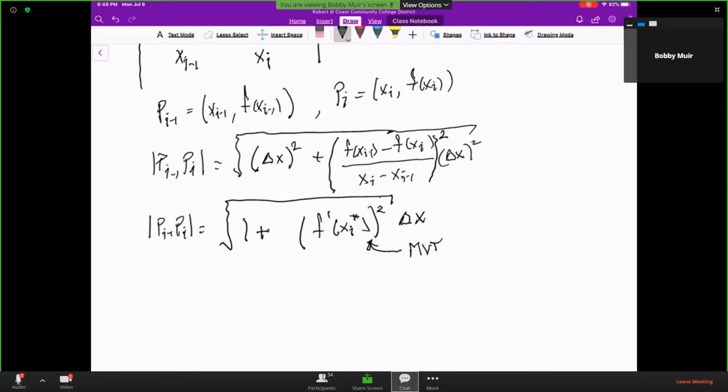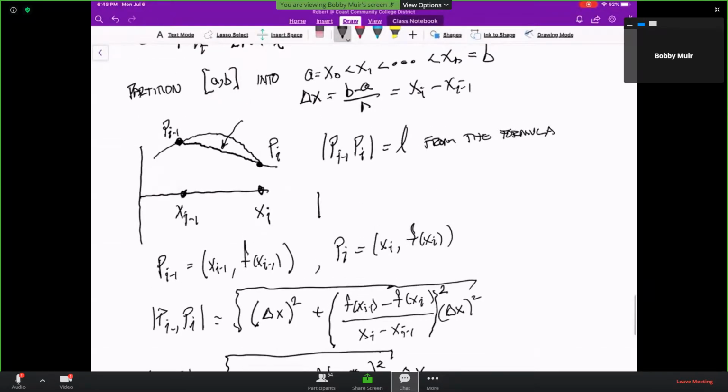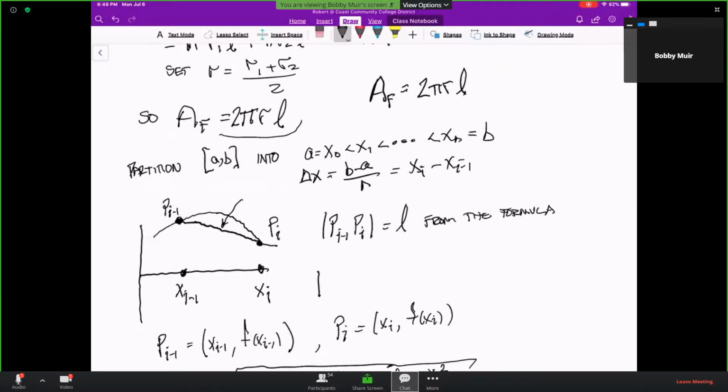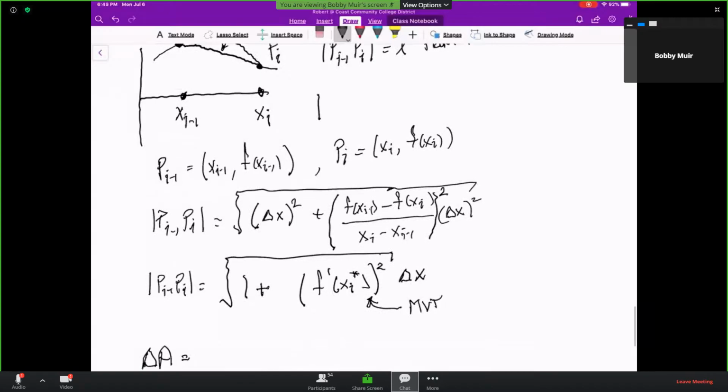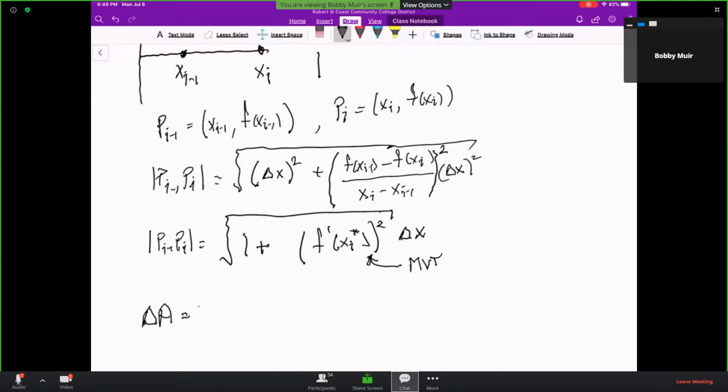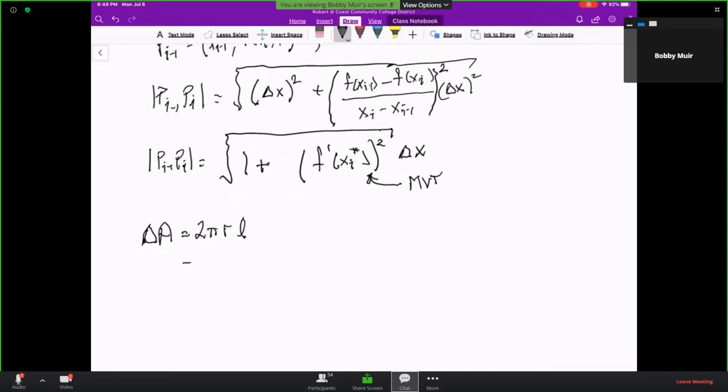All right. So now we need to start talking about everything else. We've got our little bit of area, let's call it delta A. And what it would be, where's that formula again? Delta A is going to be 2 pi R L, where L is the slant height.